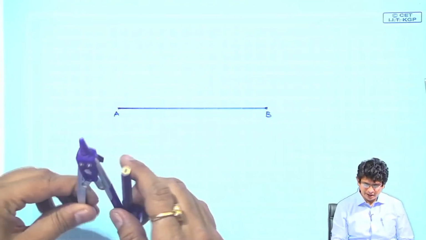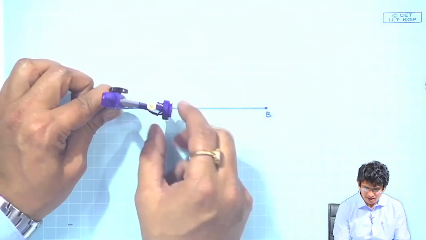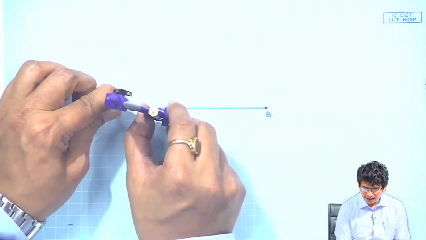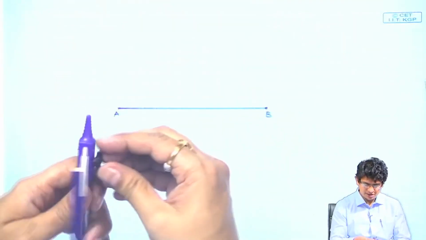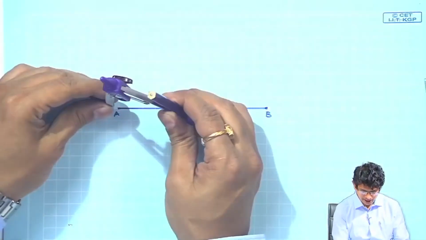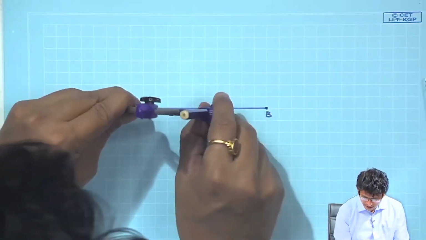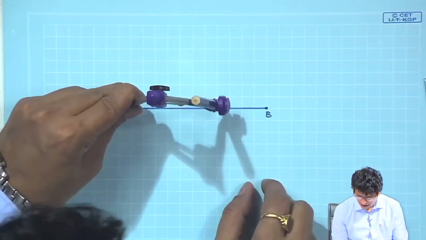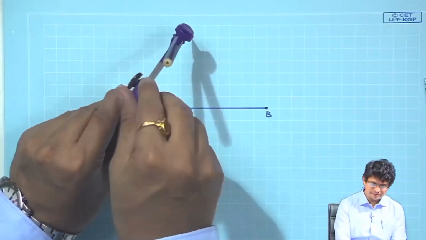Now, using our compass, from A, what we have to do is pick a radius greater than half of AB. Perhaps arbitrarily we are going to pick this one as greater than half of AB.